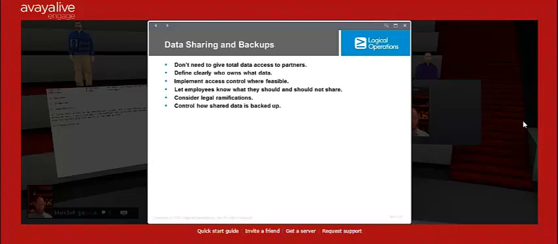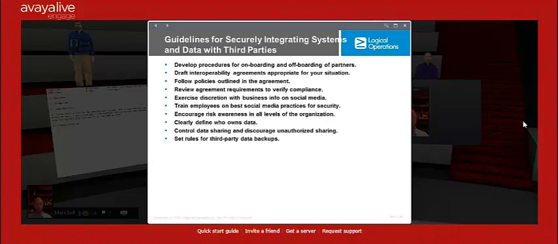Just some general guidelines, things to think about when of necessity you're dealing with folks outside of your own organization. The whole onboarding and offboarding procedure. Again, business dynamics. There's different things in play, different technologies, different requirements for data access.